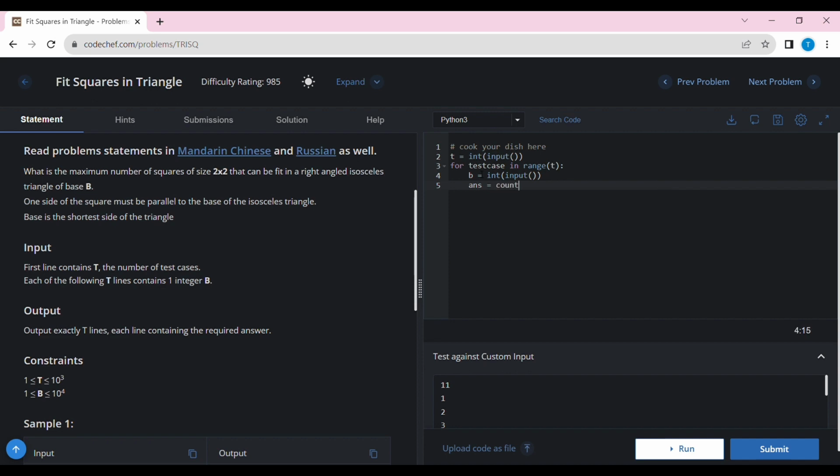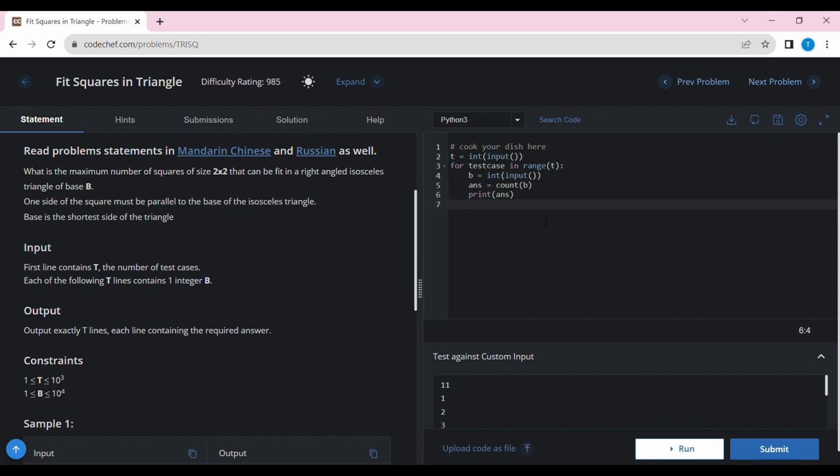So let's call this recursive function count, and we just pass the input parameter, which is the base length, to this function, and it should count the number of squares that can fit into a right angle isosceles triangle of base length b and return the answer to us. Then we can just print the answer as our output.